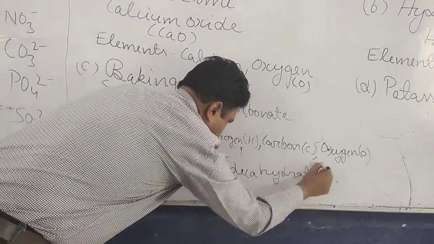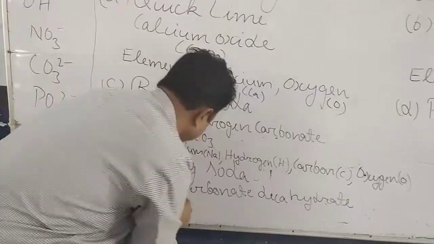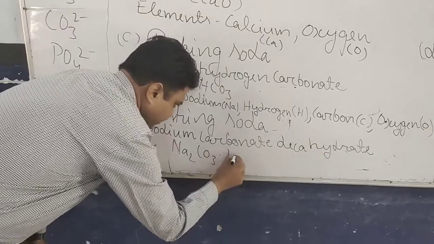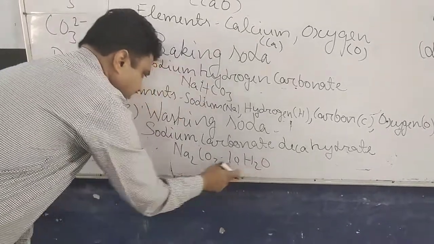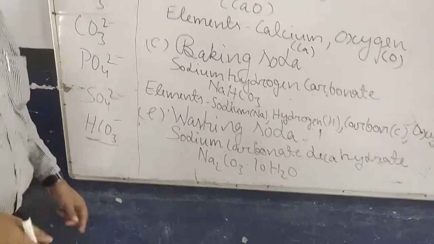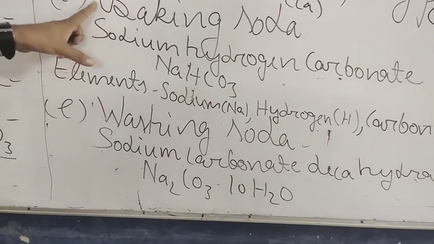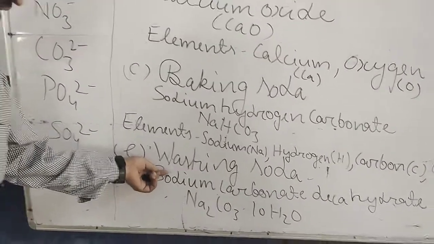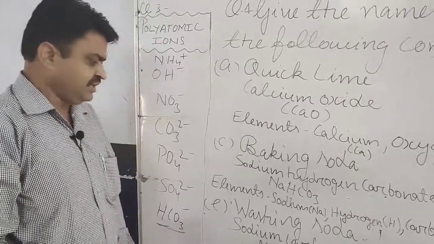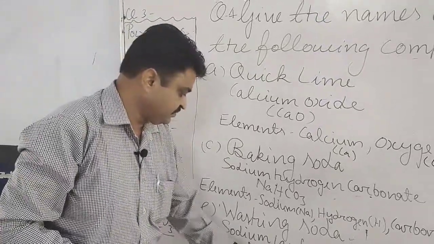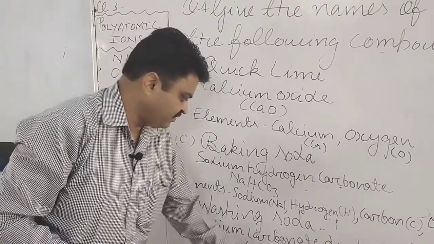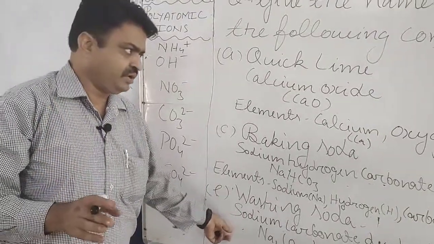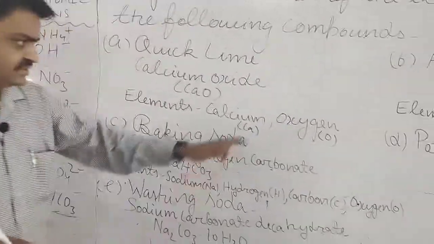It is the chemical name. And what is its formula, student? Its formula is Na2CO3.10H2O. It is the chemical formula of washing soda. So there are two sodas, student. Baking soda, washing soda. So with the help of this formula, you can tell the elements that are found in this. Sodium is found, carbon is found, oxygen is found, and hydrogen is found in this washing soda, student. You can write that. Now we come to the next.